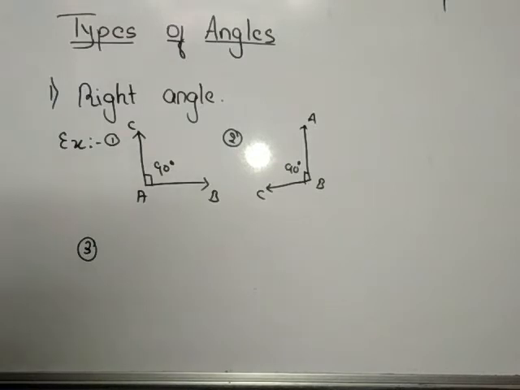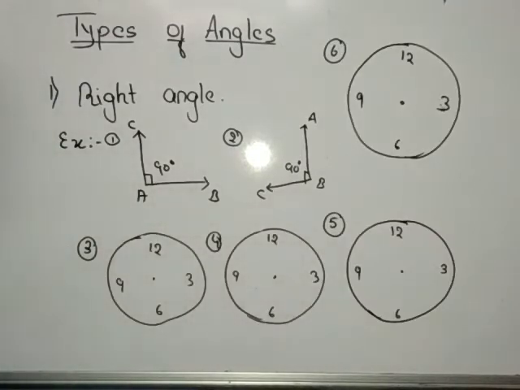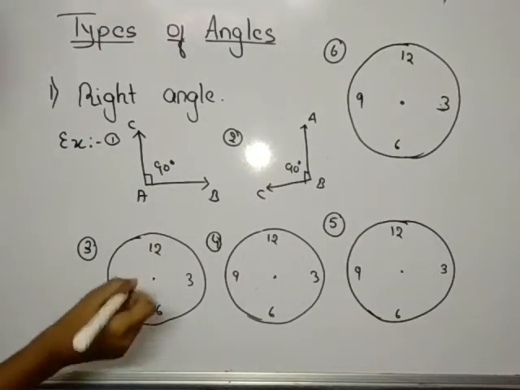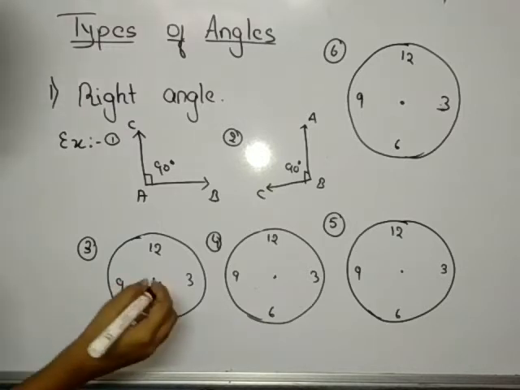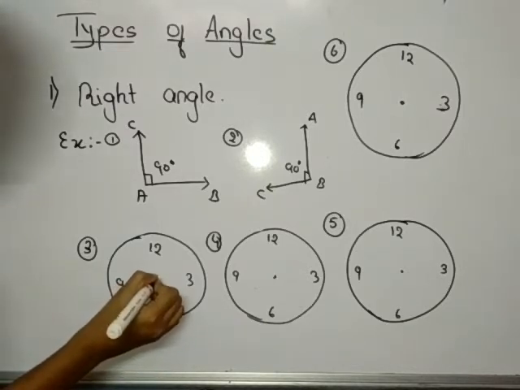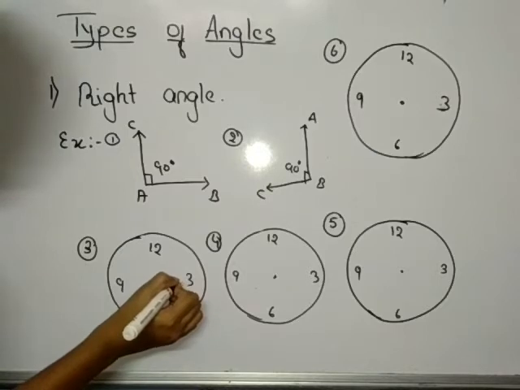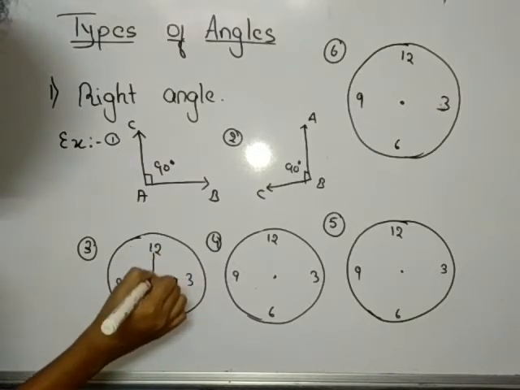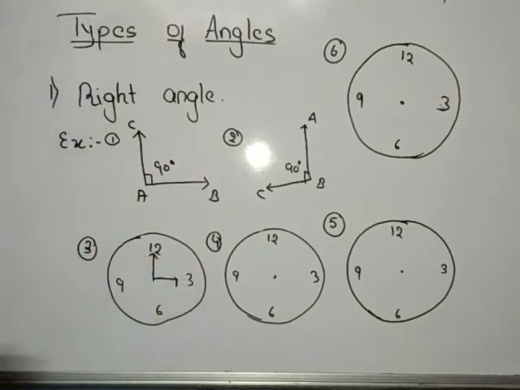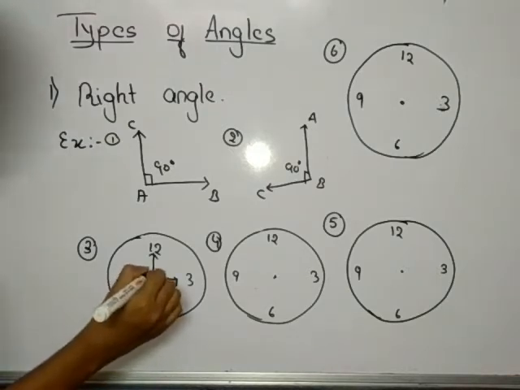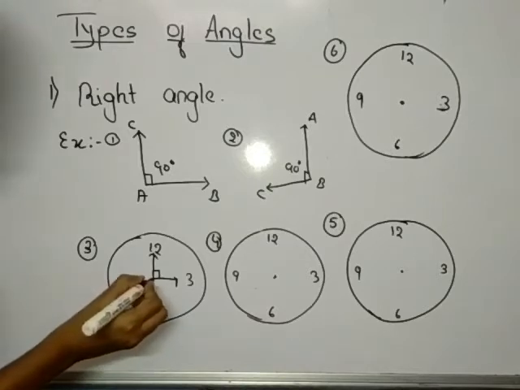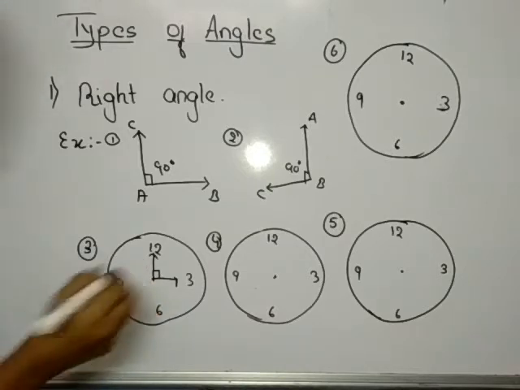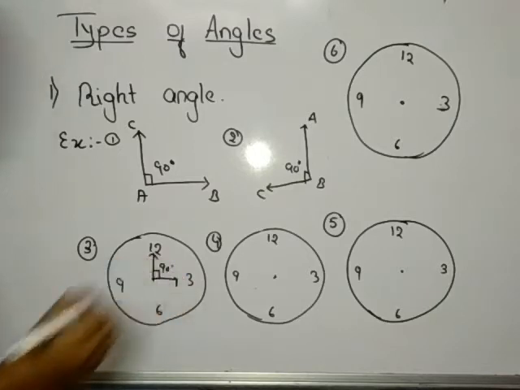Third example: the hour hand is facing number 3 and the minute hand is facing towards 12, then the angle between these two hands is 90 degrees.